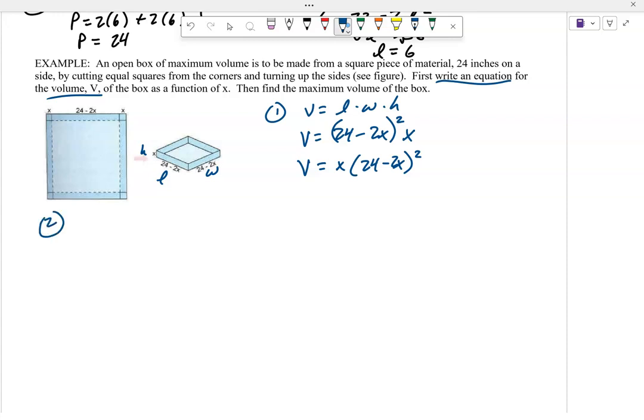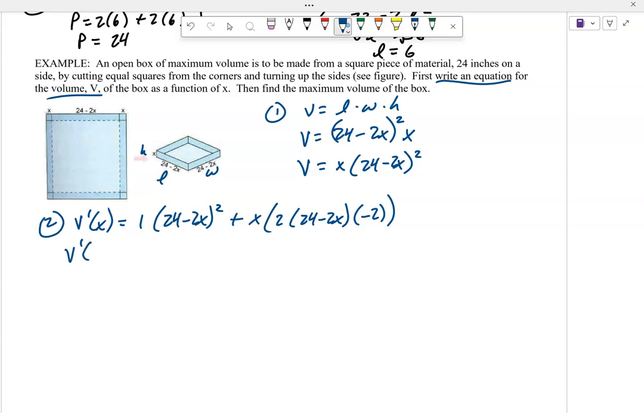So step 2, if we're trying to maximize that, let's go ahead and take its derivative. Derivative of the first times the second plus the first times the derivative of the second. 24 minus 2x, now it's to the 1 power, times the derivative of the inside, which is minus 2, chain rule on that. And so V prime of x equals 24 minus 2x. I can factor a 24 minus 2x out.